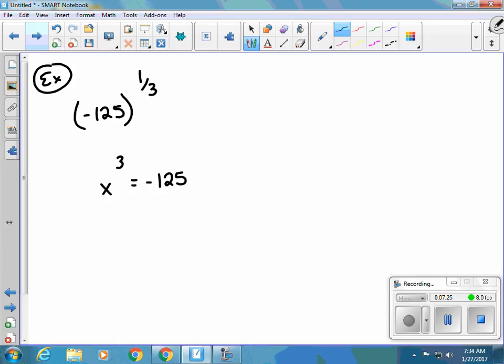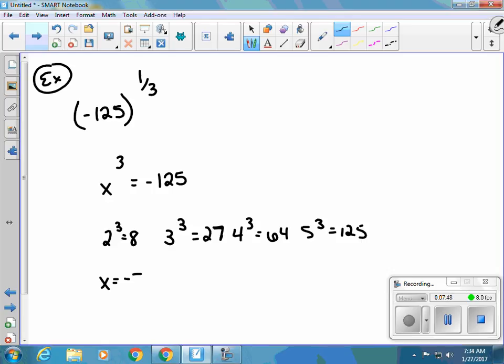So I could take a guess here and go with, okay, well, 2 cubed gives me 8, 3 cubed gives me 27, 4 cubed gives me 64, 5 cubed gives me 125. Therefore, I know it's going to be x equals negative 5 because it's negative 125. So I've got that x equals negative 5 then.